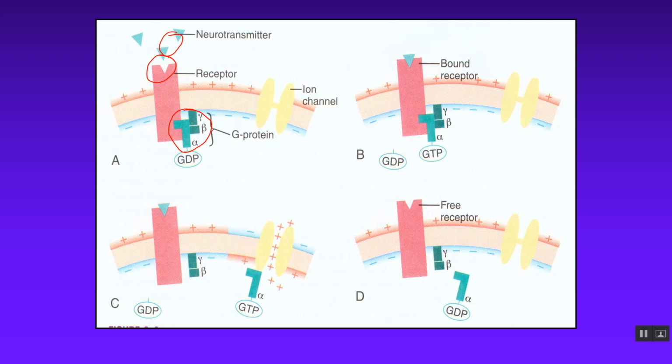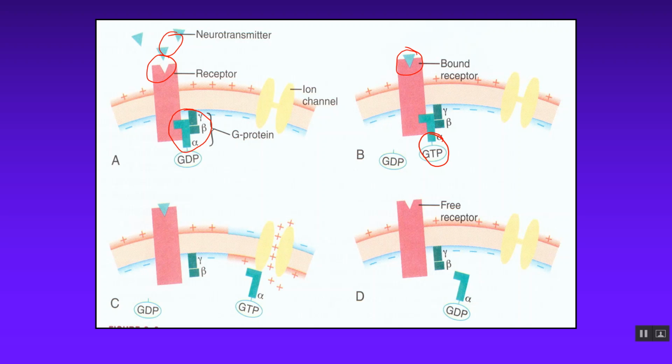G proteins are usually made up of several subunits. In this case, it's an alpha, beta, and gamma subunit here. Don't have to know the detail of that necessarily. Just know that there typically are some subunits to that. In this case, what this is showing is when the receptor binds, it causes a conformational change in the alpha subunit.